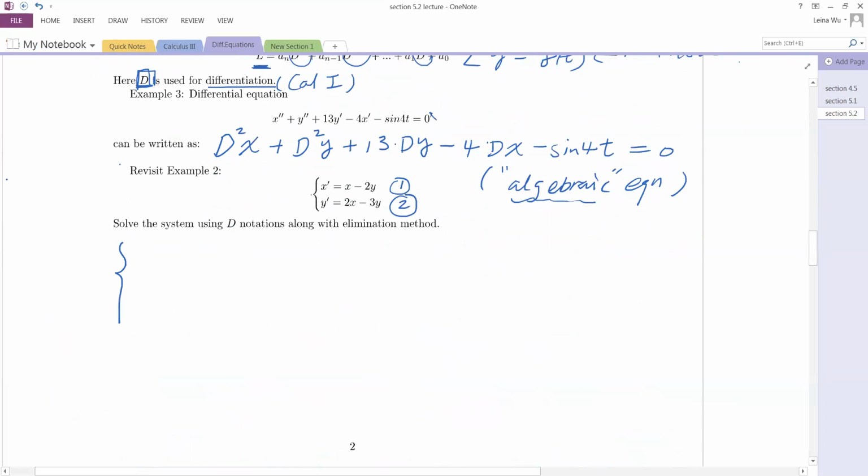So x prime could be read as Dx equals x minus 2y. Second could be read as Dy equals 2x minus 3y. Let's call this equation 3, this as equation 4.